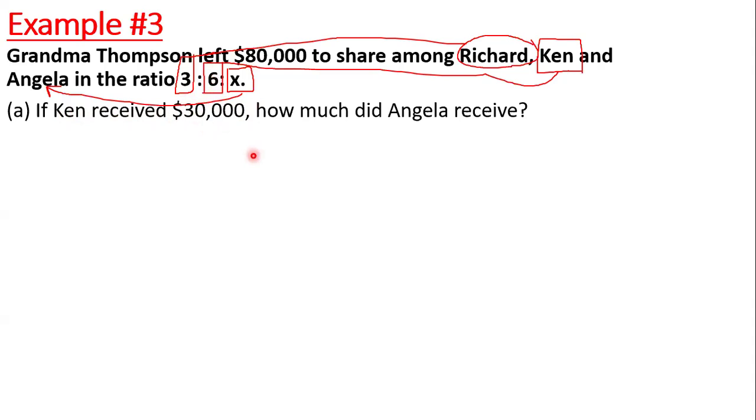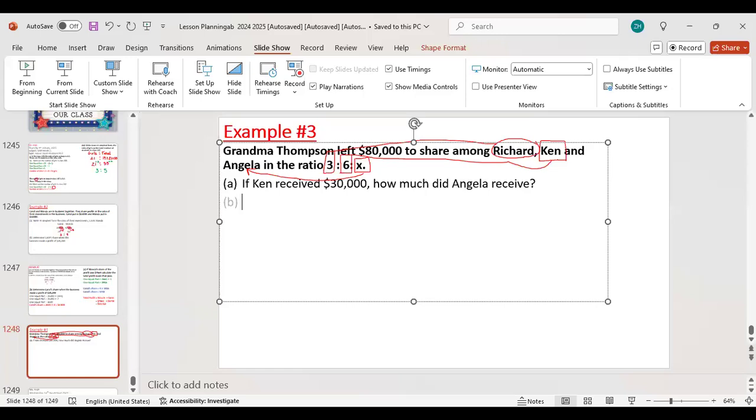All right, let's go ahead and do that. 1 equal part is equal to 30,000 divided by 6.